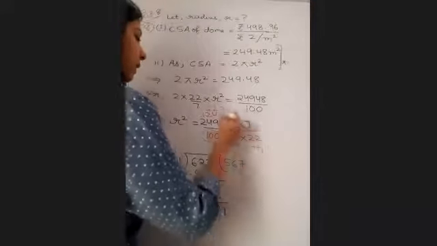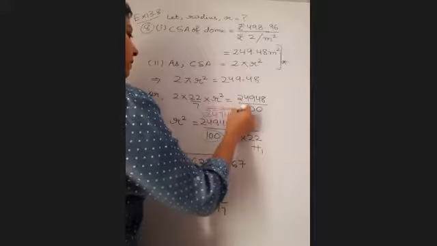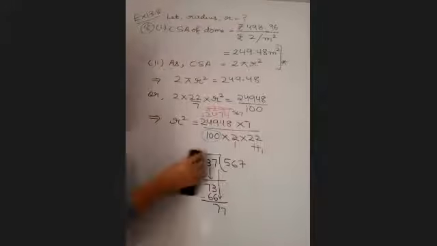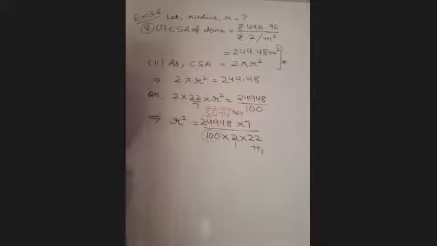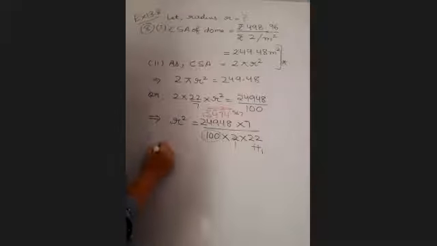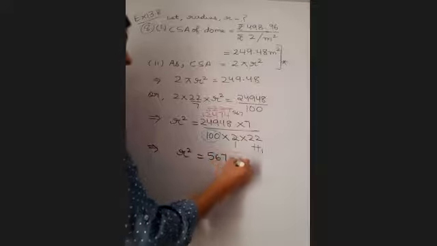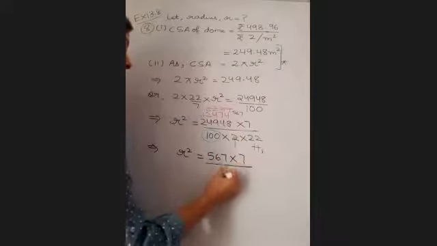You divided by 11, 11 ones are 11. Now see, the matter is a little complicated. So you have r square equal to 567 into 7 upon 100.